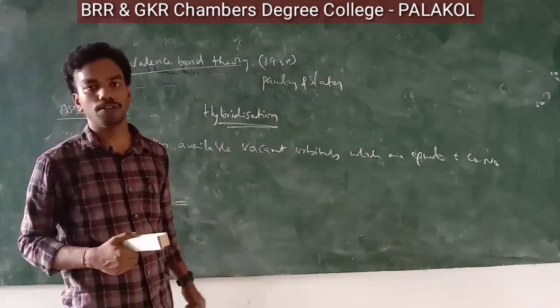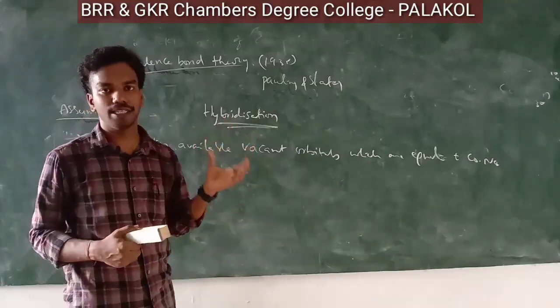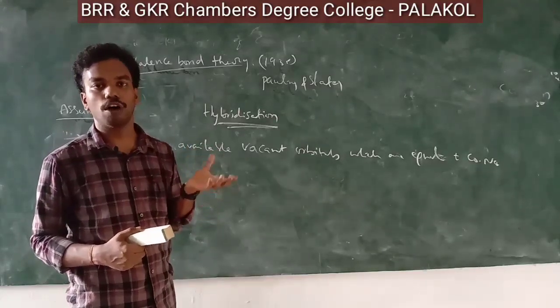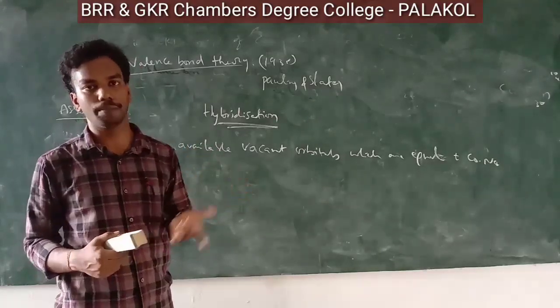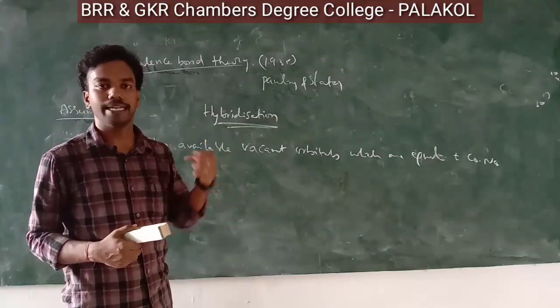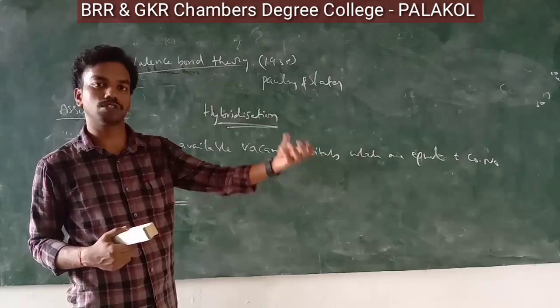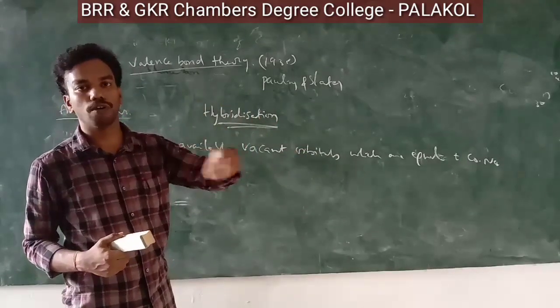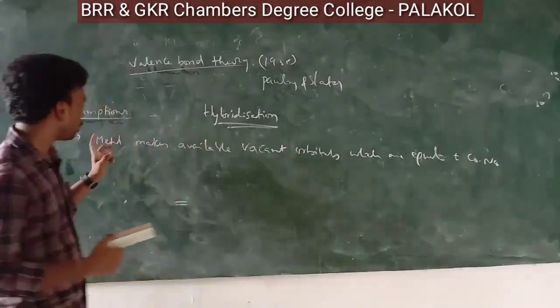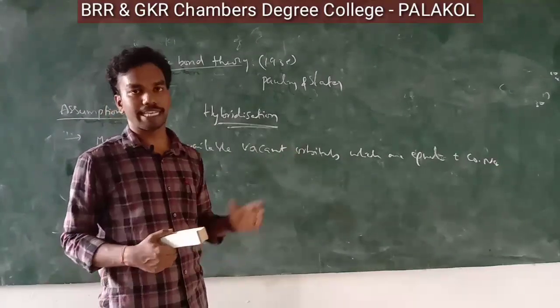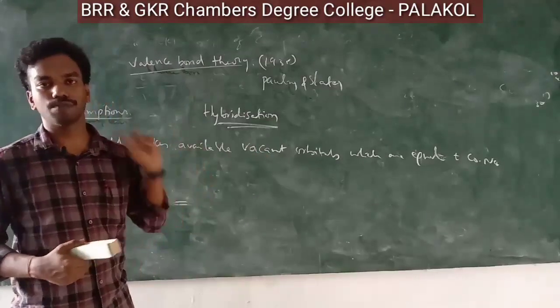In the previous class I told you the necessary condition for forming a complex compound is that the metal has vacant d orbitals and the ligand has a lone pair of electrons. The ligand donates its lone pair to the central metal atom, forming a coordinate bond. That is the first assumption.